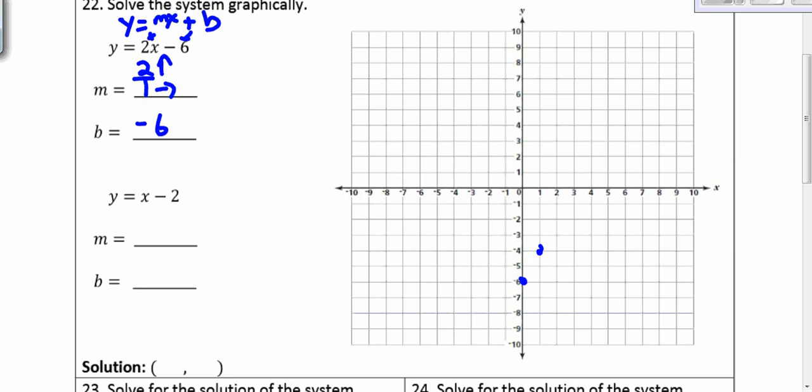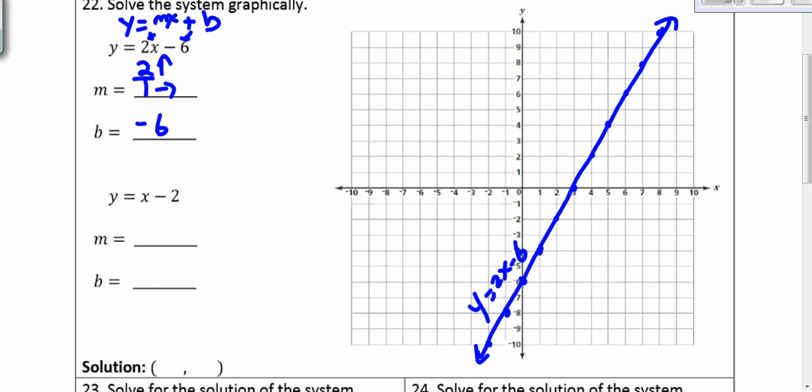So I have up and to the right, up and to the right, just like that. And then down and to the left one. So I'm going to draw my line just like this. I'm going to remember to put arrows, and I'm also going to remember to put the equation on that line.